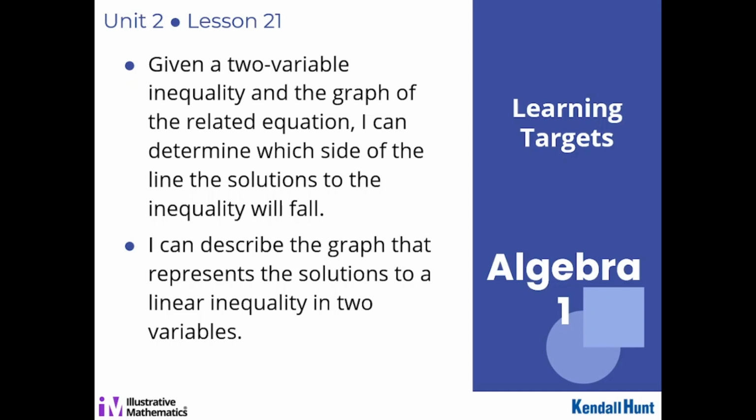So unlike the first half of Unit 2, where we were only graphing the line of the equation, now we will be graphing the line and one side of the line or the other will contain the range of solution answers.